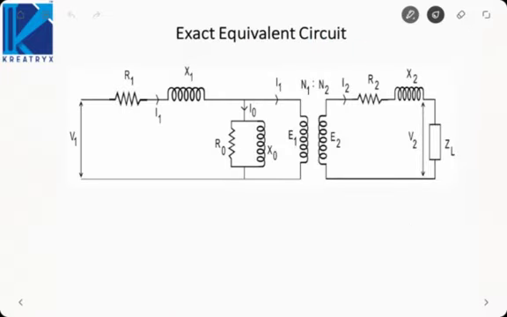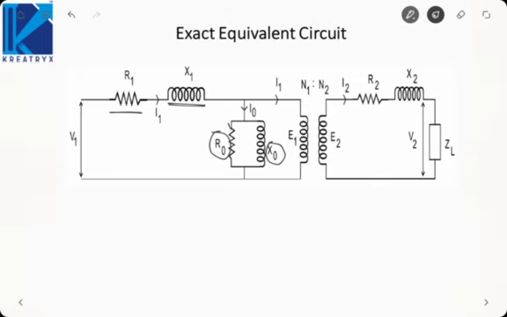So exact equivalent circuit looks something like this. This is my primary winding resistance, primary leakage reactance. This is my core loss resistance, this is my magnetizing inductance. So if you see, the core loss resistance and magnetizing inductance are connected in parallel with E1.